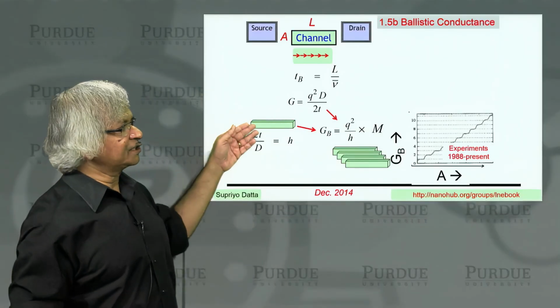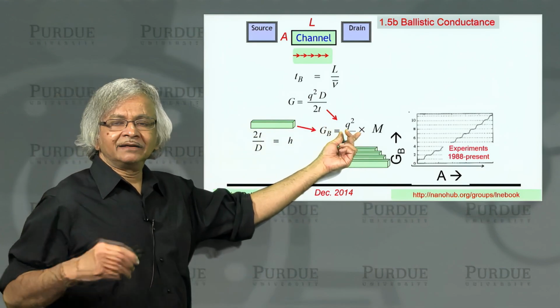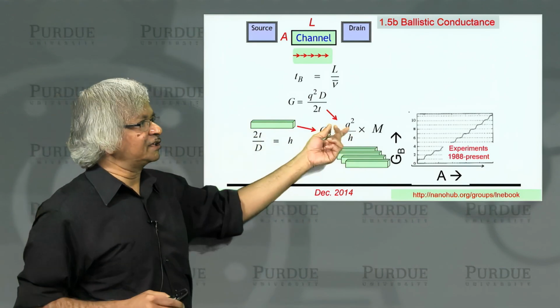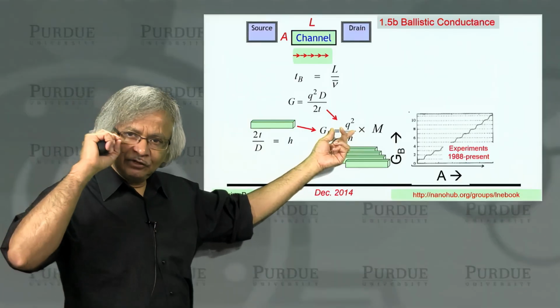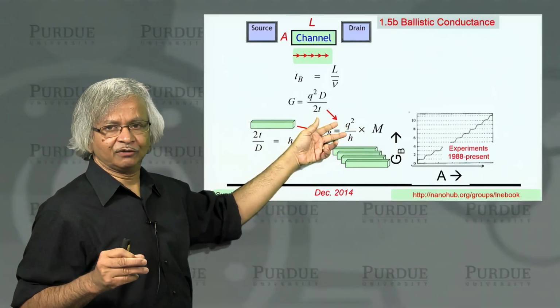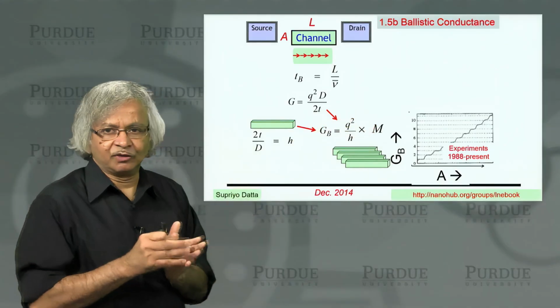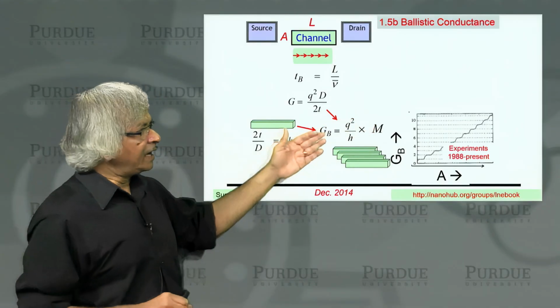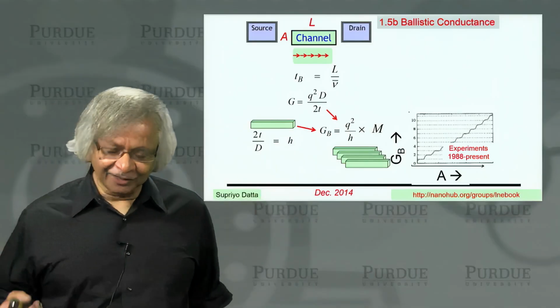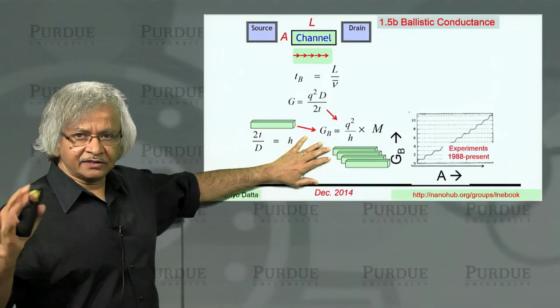So for a one-dimensional channel, the conductance would have been Q squared over H. But usually, even in a one-dimensional channel, you'd have two states that are upspin and downspin, and so it would be 2Q squared over H. And then if you have M channels, you'd have 2Q squared over H times M. Anyway, as I mentioned here, I've kind of gotten ahead of myself. This is what we'll talk about in the next unit.